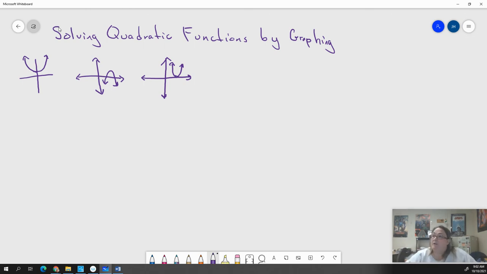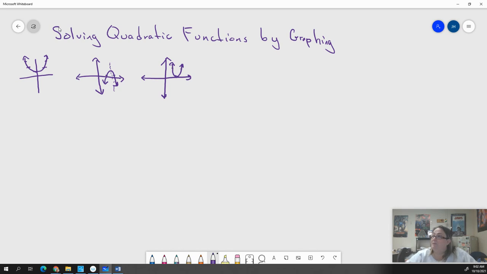So our Y values, like here and here, are going to be the same, right? Our Y values here and here are going to be the same because it's divided down the middle. Same with this. If I divide it in half right here, my Y values here are going to be the same as my Y values here.